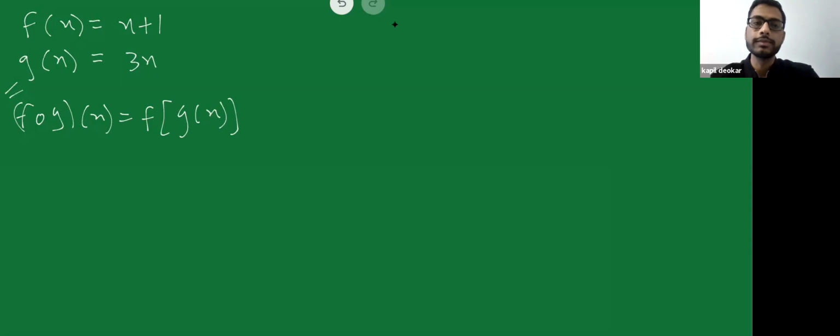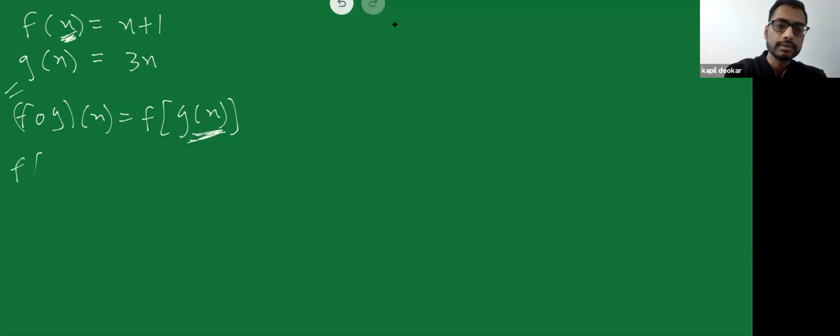In a previous question, we have seen if you want f of 3x, instead of writing x, I'll just write 3x. If I want f of sine x, instead of x, I'll just write sine x. I'll replace x with the term that I want. Now in this particular case, instead of x, I want fog. Fog means f of g of x. So instead of x, I want g of x.